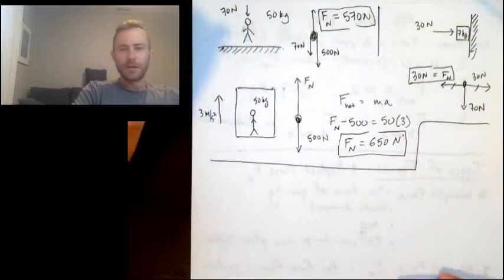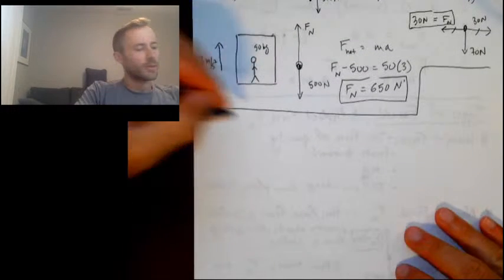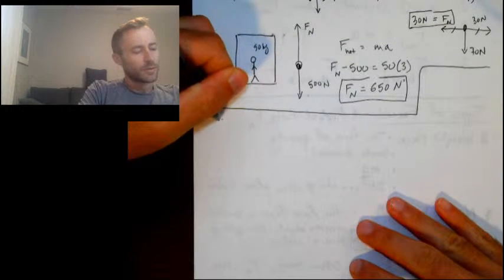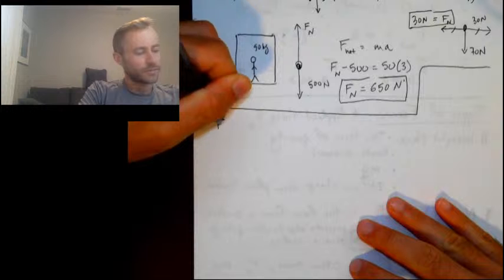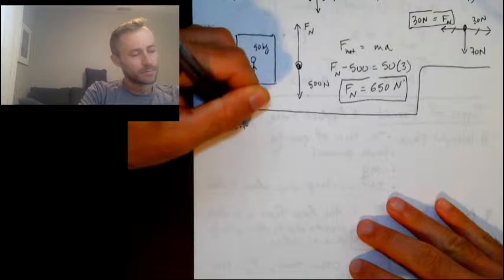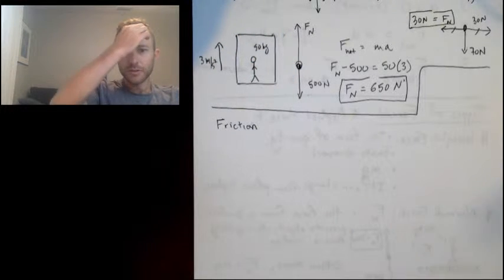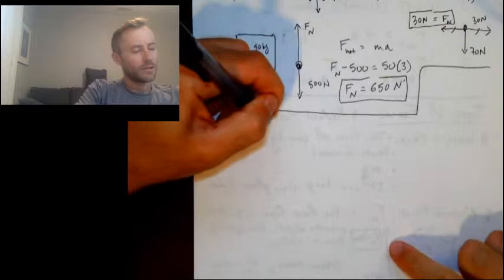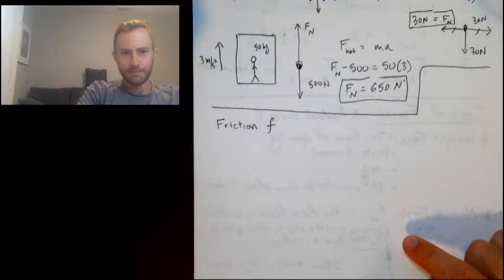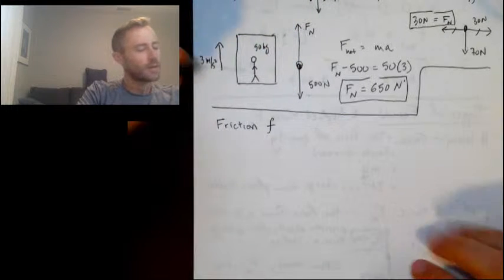Okay. So the next force we are going to talk about is called friction. So friction is denoted by a curly F. Okay.